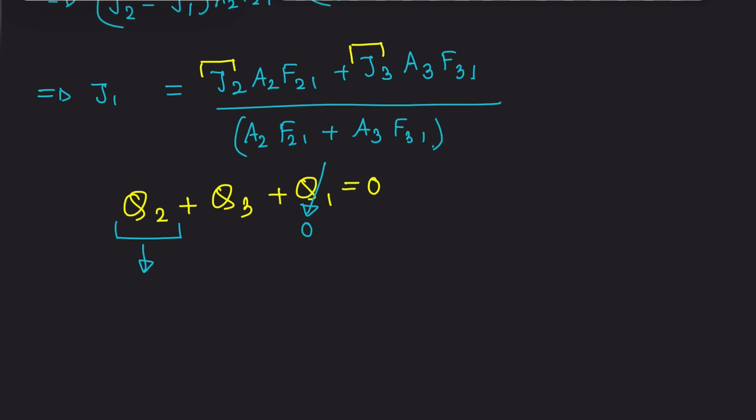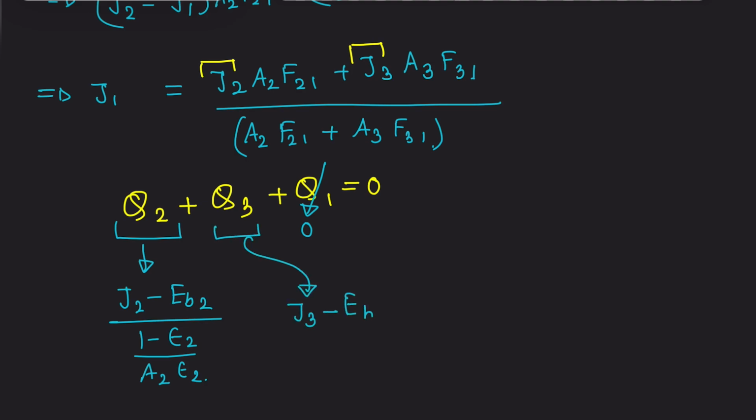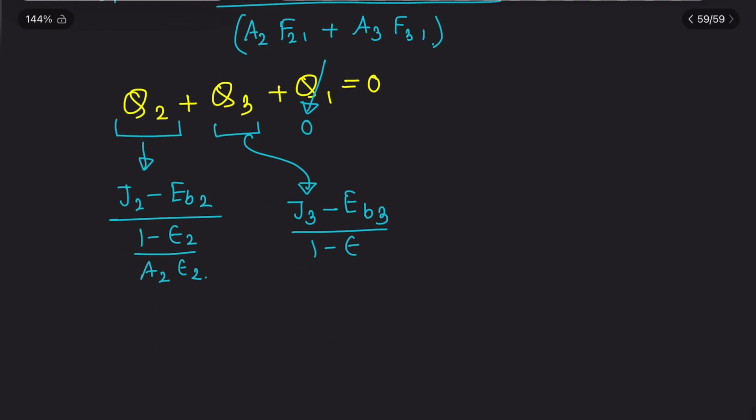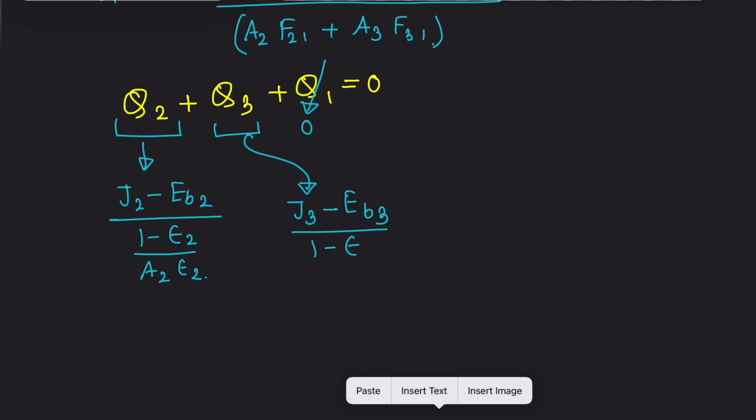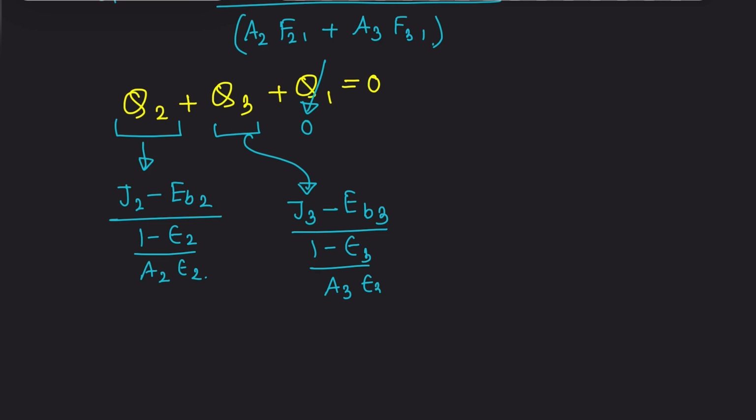Now Q2 is equal to J2 minus EB2 by 1 minus epsilon 2 by A2 epsilon 2, and this Q3 is again equal to J3 minus EB3 by 1 minus epsilon 3 by A3 epsilon 3.